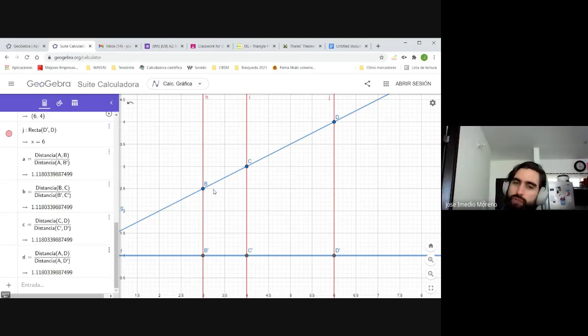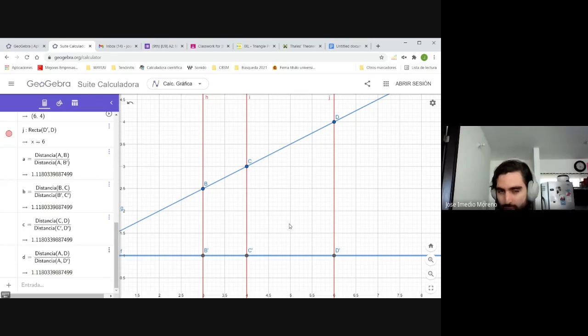So if I have two transversals, the blue lines, crossed by parallel lines, that's the key point. The red lines have to be parallel to each other. Then I can be sure that the proportion between the segment BC and the segment B prime C prime is the same as the proportion between CD and C prime D prime.